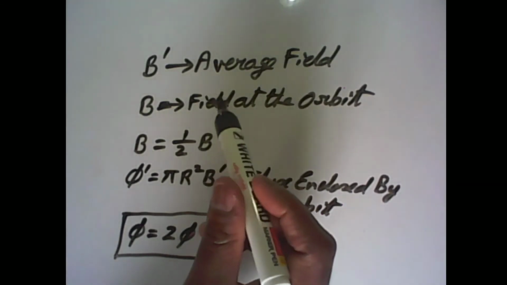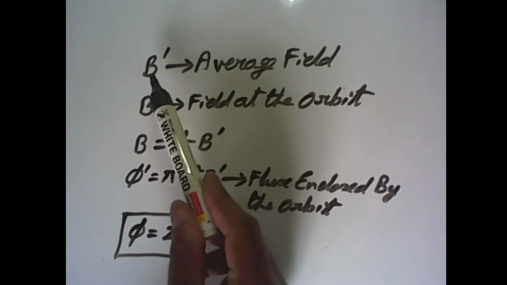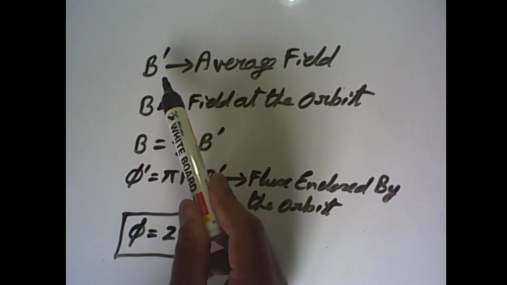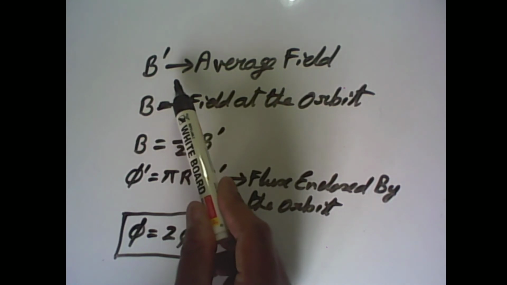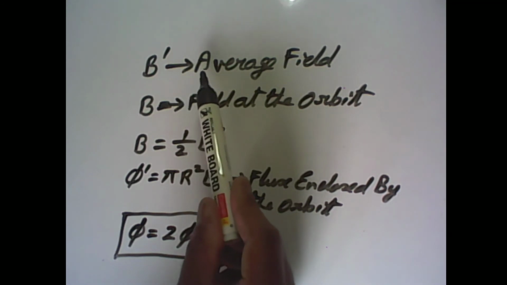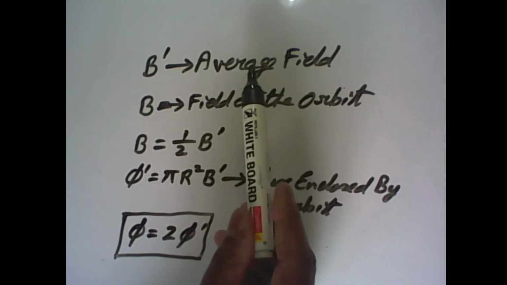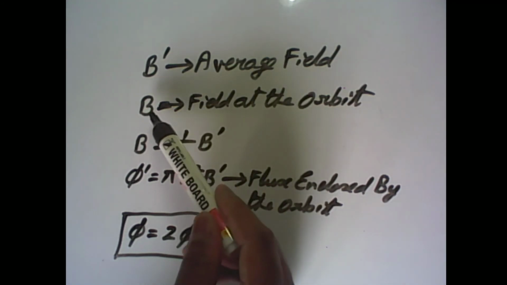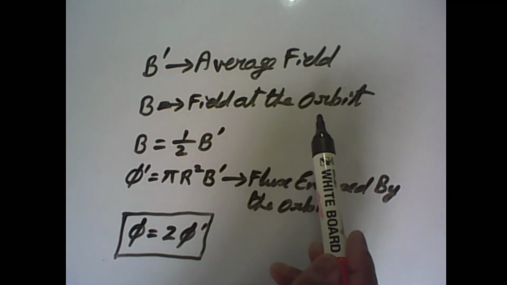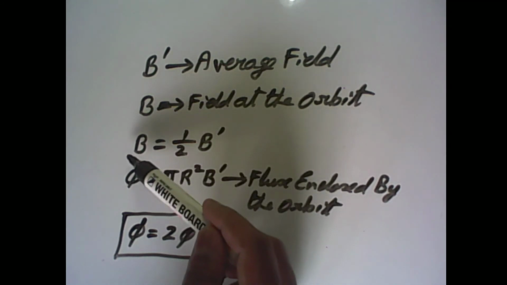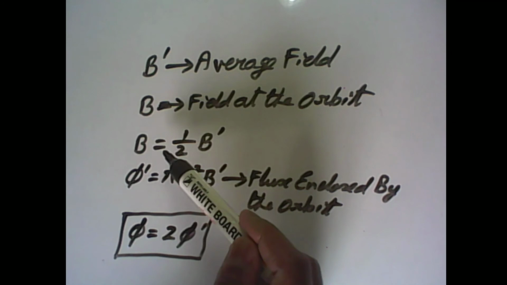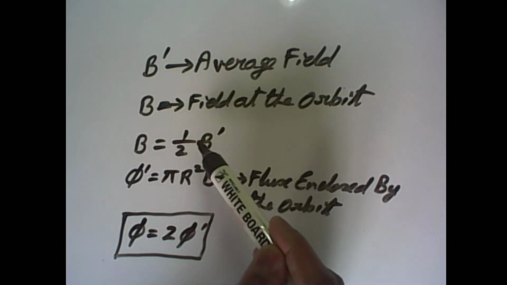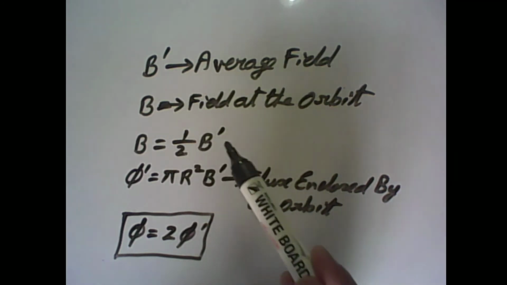So here, suppose B dash is the average magnetic field linked throughout the orbit, meaning throughout the area of the orbit the magnetic field is an average field which is uniform, and B is the field at the orbit. Then the Betatron condition is that the field at the orbit is half of the average field throughout the orbit.